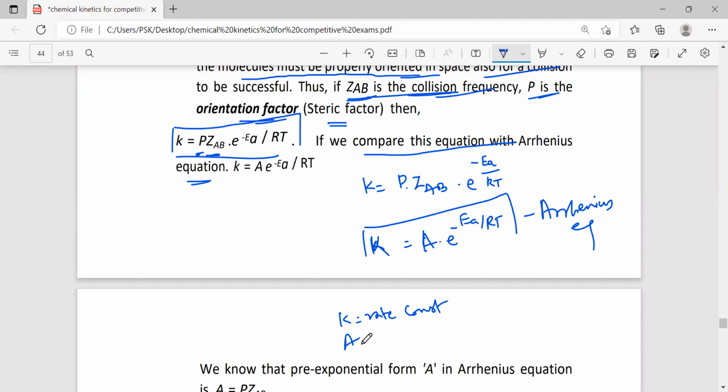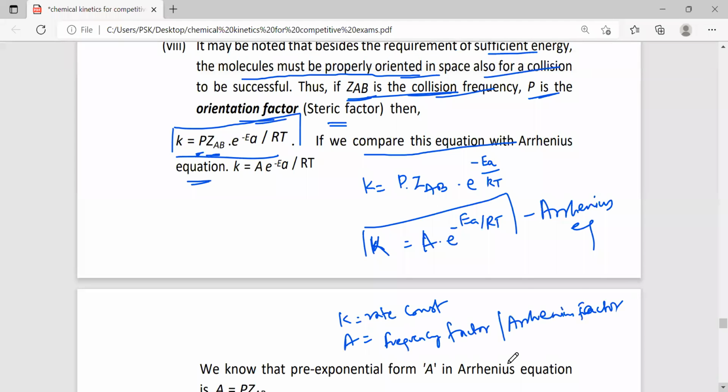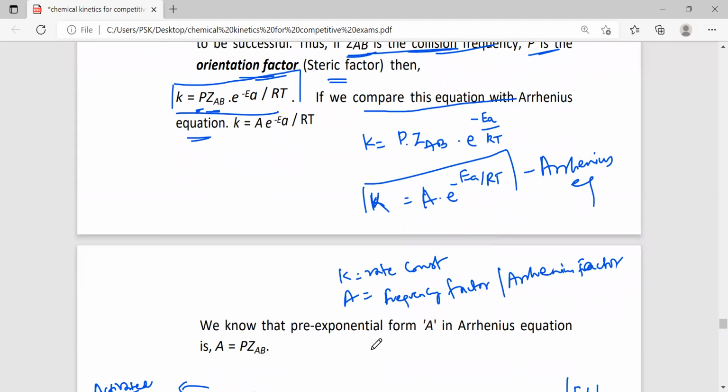A is called the collision frequency, not collision frequency, it's called the frequency factor, or Arrhenius factor. You can call it Arrhenius frequency also. And e is the exponential factor, and Ea is the energy of activation.